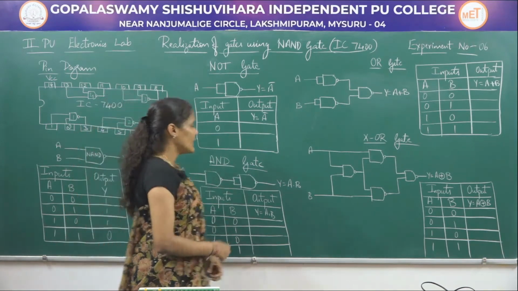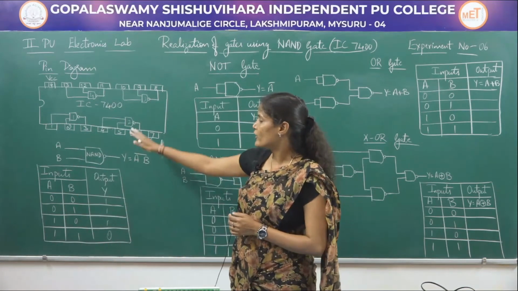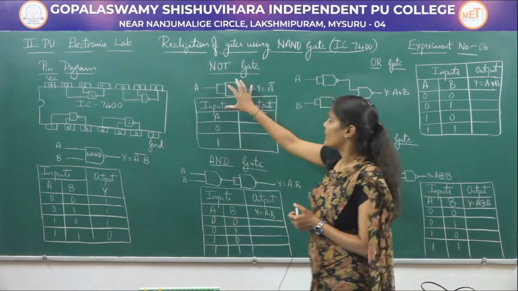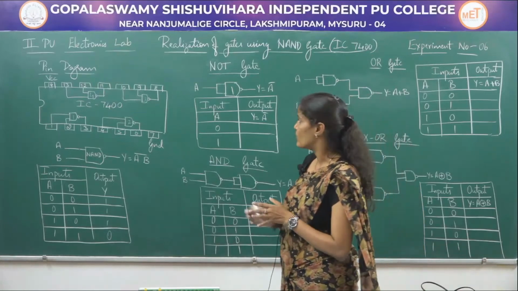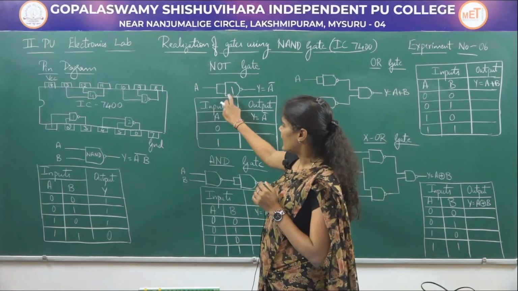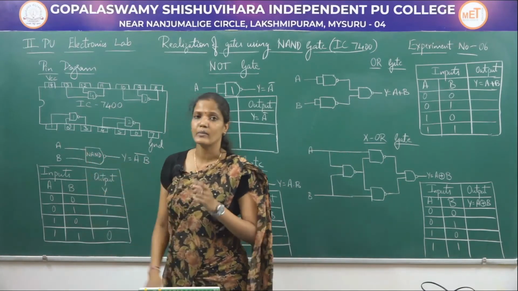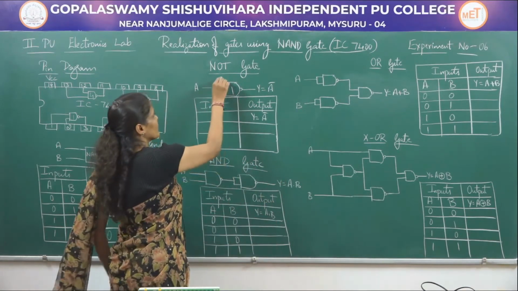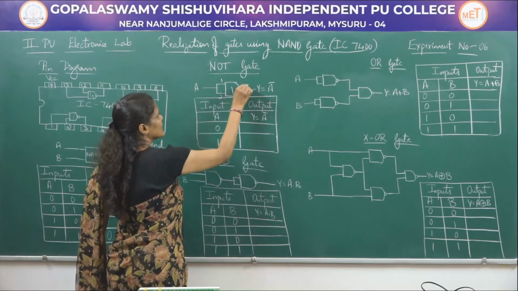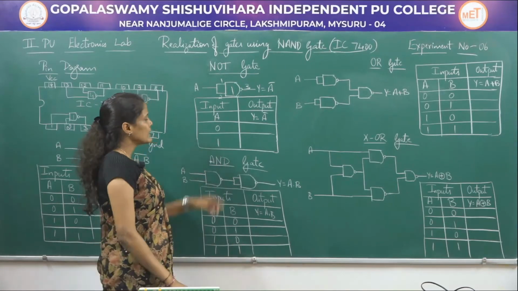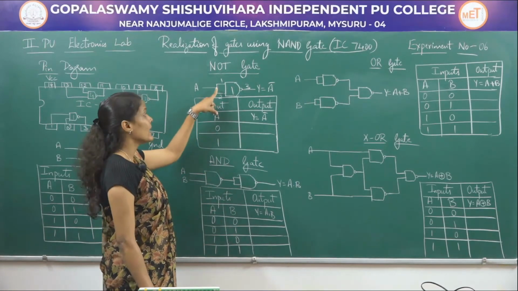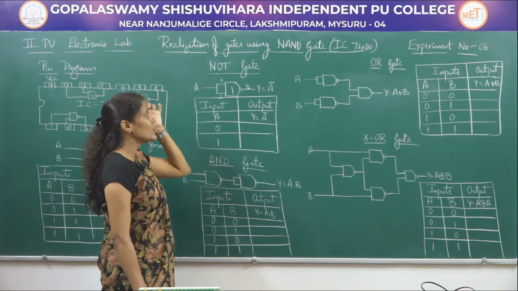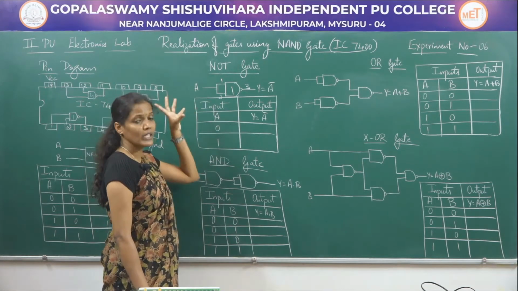You have to number these gates looking into the pin configuration. Here I am using only one gate, let me name it as gate number 1. For the gate number 1, 1 and 2 are the inputs, 3 is the output. That is, pin number 1 and pin number 2 must be shorted and that must be connected to the input knobs of the trainer kit.